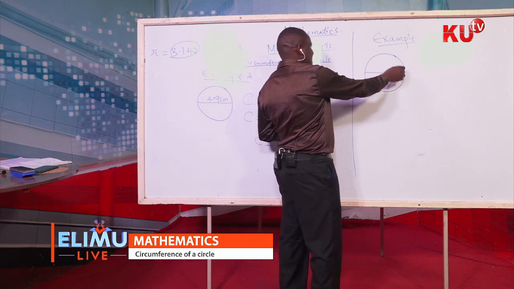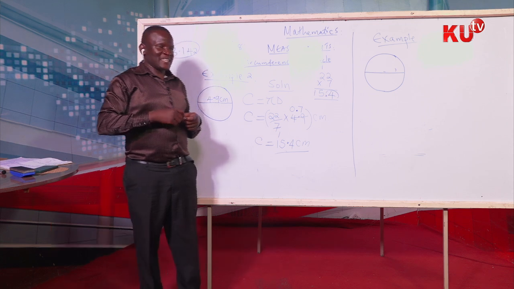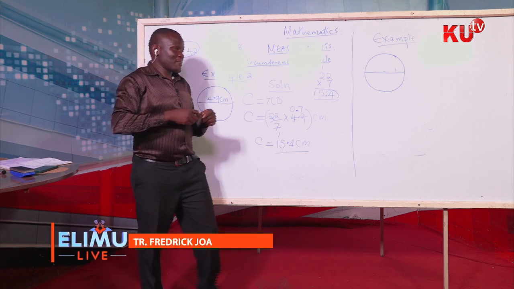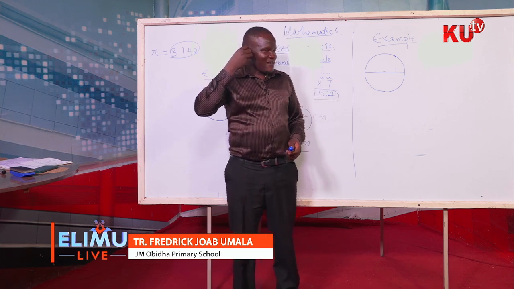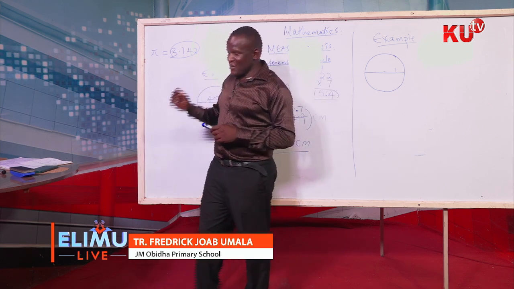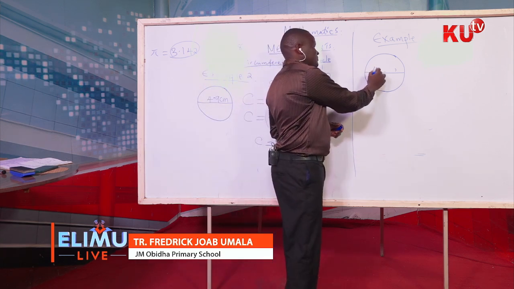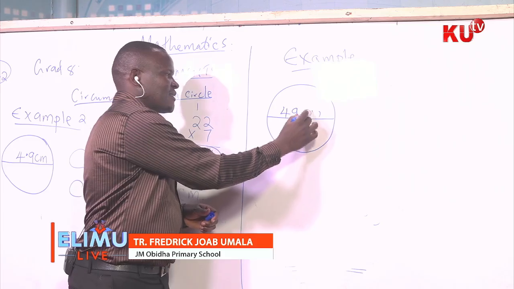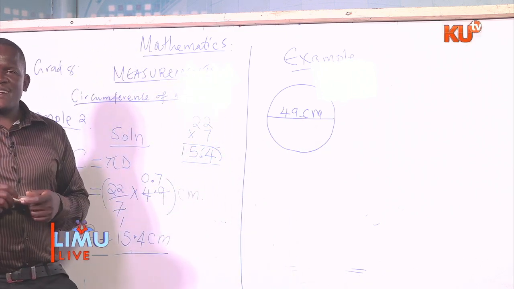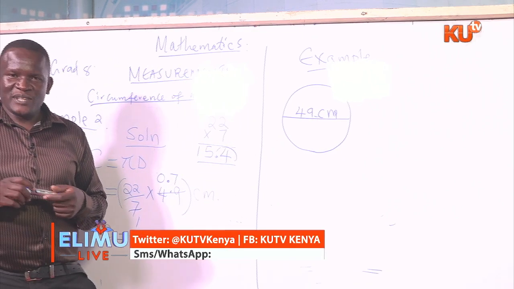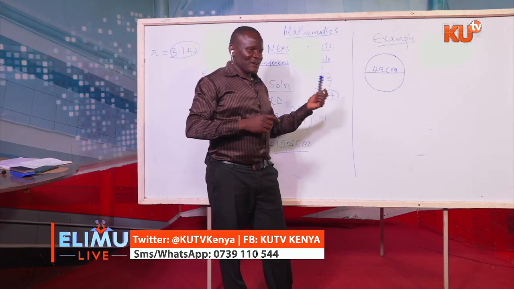So we have our wheel there. Our wheel is circular in shape. So we are given the diameter of the wheel to be 49 centimeters. That is the diameter of that wheel. We are expected to calculate the circumference of the wheel.